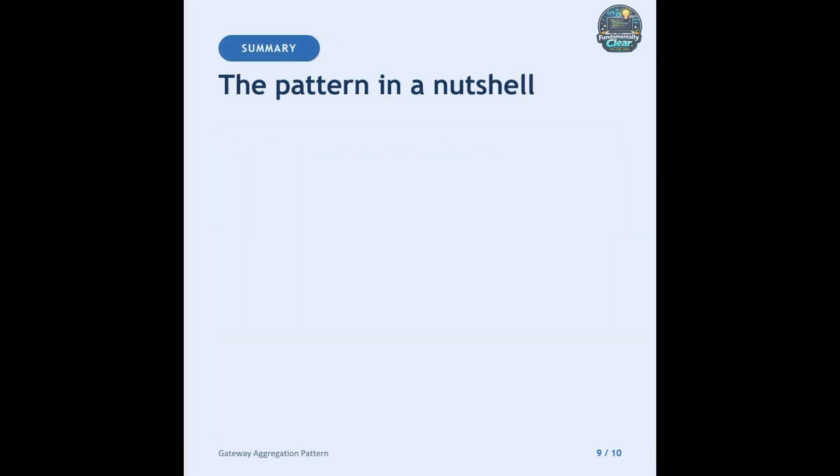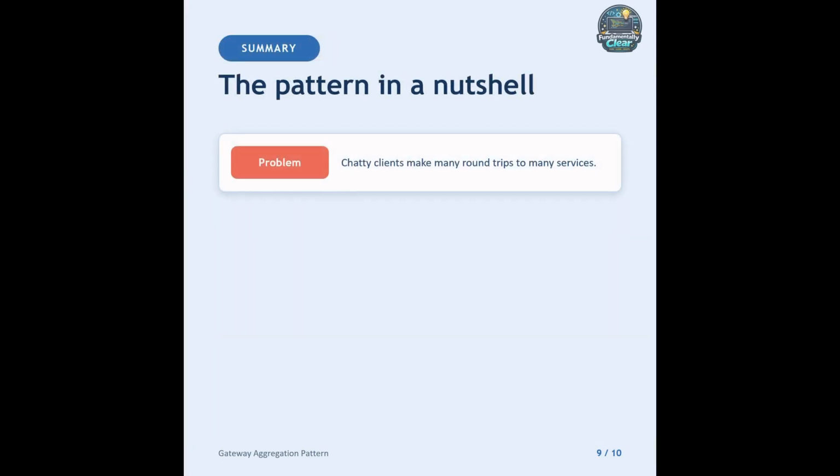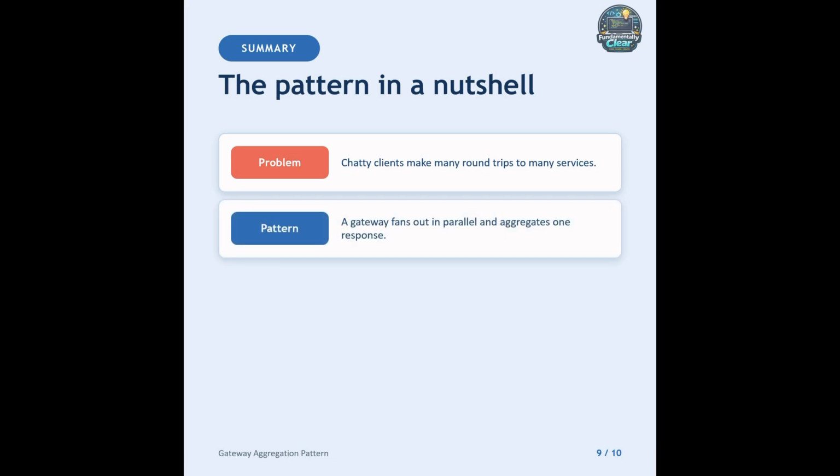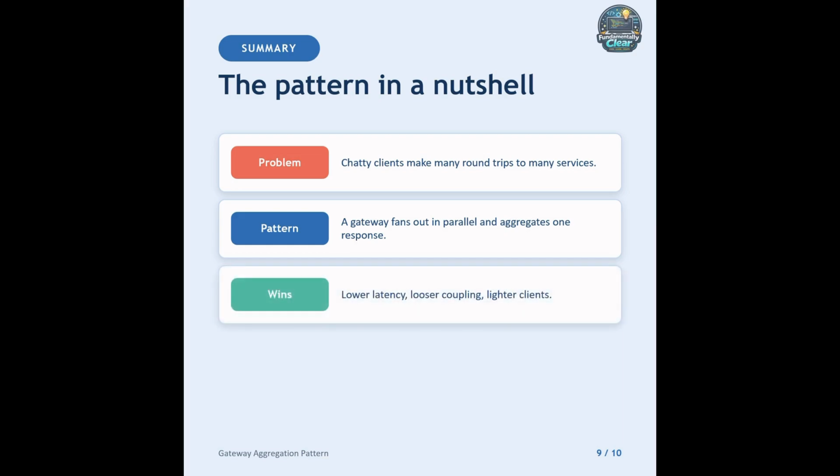Let's wrap it up. The problem: chatty clients making too many round trips to too many services. The pattern: a gateway fans out in parallel and returns a single aggregated response. The wins: lower latency, looser coupling, lighter clients.